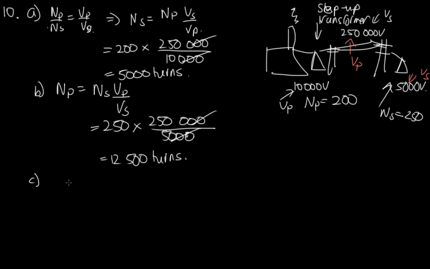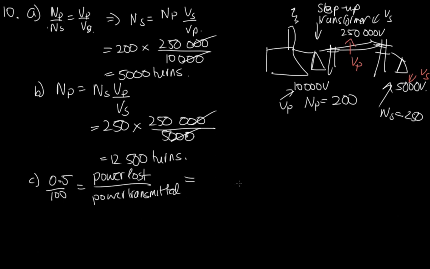Now part C. We're told that 0.5% of the power is lost in the long distance transmission lines. So 0.5 over 100, that's 0.5%, is equal to the power lost over the power transmitted.